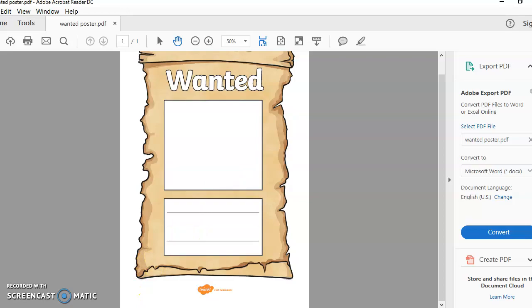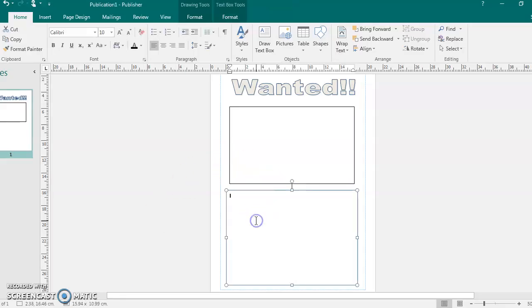Okay? Once you've drawn your picture, underneath the box you're going to write a little bit about Burglar Bill. So if we make this writing a bit bigger, I'm going to start it by writing Burglar Bill, and I'm going to use some exclamation marks. So we need to think about how we describe what Burglar Bill looks like.